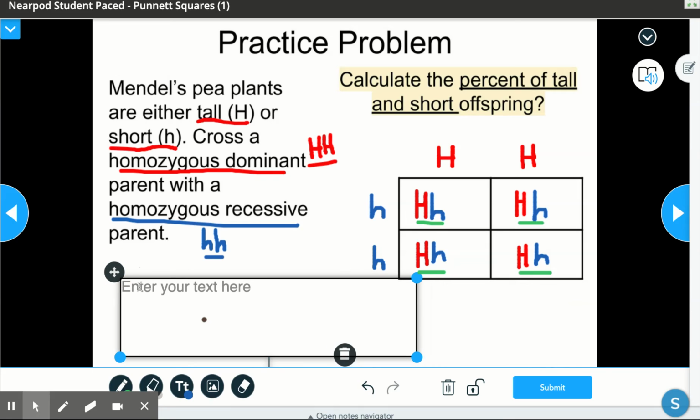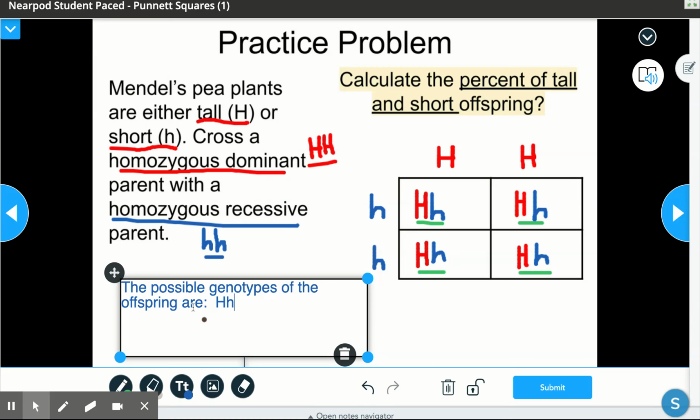Right here. All right, so what is the genotypes of the offspring? I'm going to write all the genotypes I see here. The offspring genotypes, or the possible genotypes of the offspring are big H, little h.